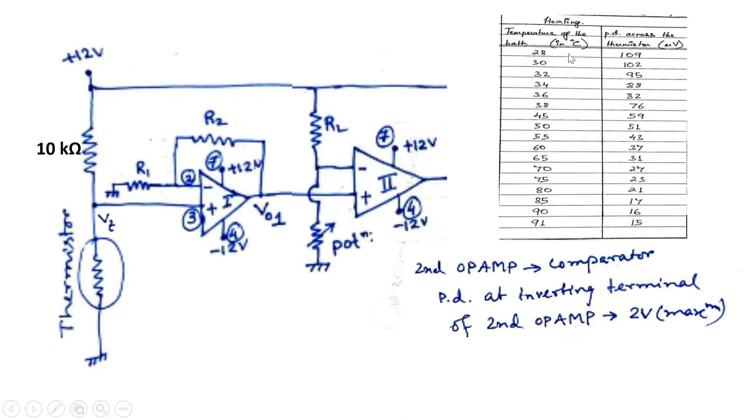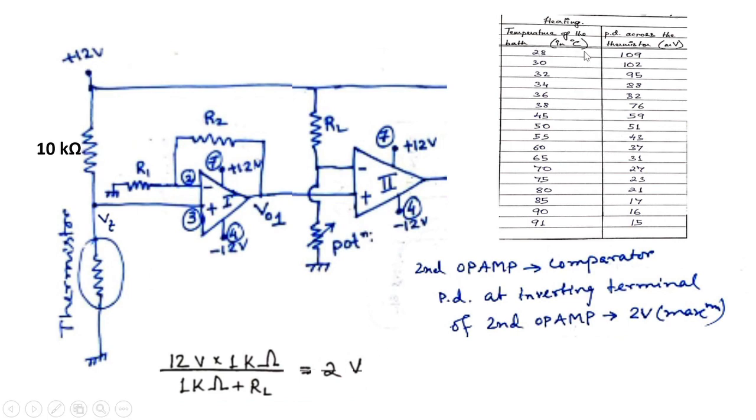So if I apply this relation, as it is the series combination of the RL and the pot, and if I apply a 1 kilo ohm pot here, 12 volt is the main battery supply. So this point, follow the cursor, acts as the potential divider point, and I consider the maximum, the safeguard, because the maximum potential I have seen here at 28 degrees is around 100 mV.